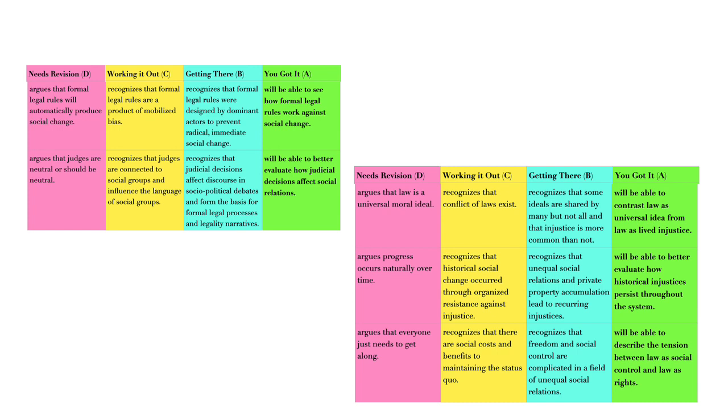That's a D answer, that formal legal rules will automatically produce the intended result, not social change in this case, unless of course you're thinking about it as an injustice that happens in the criminal justice system, which of course it is. But in this case, I'm just trying to highlight that the formal legal rules don't automatically protect you, because again, they don't have a life of their own.